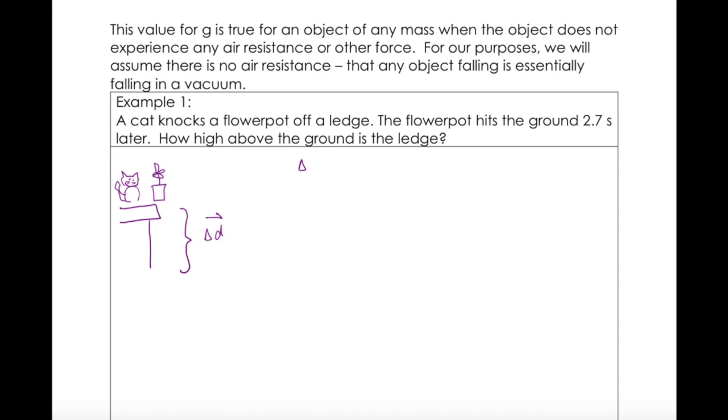They did tell us a time. It took a total of 2.7 seconds. And we do know acceleration, because this is a free-falling object. We know that acceleration is going to be 9.8 meters per second squared down.